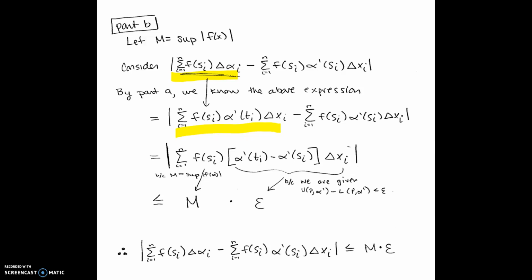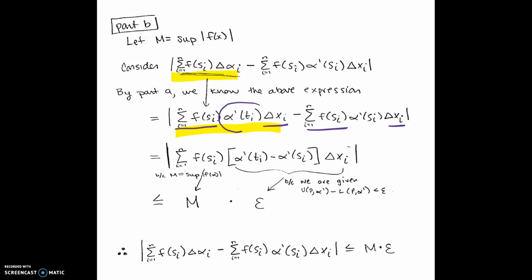If you look at the two pieces of this, we notice that this and this and this and this are the same. So instead of having two summations, I turned it into one summation. They both have the sum of f of si.